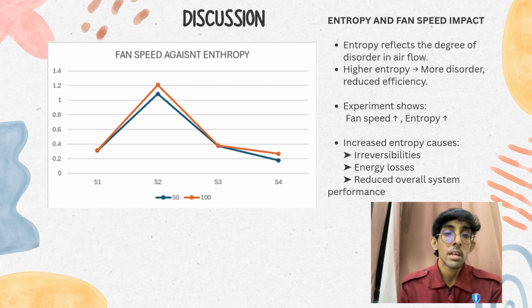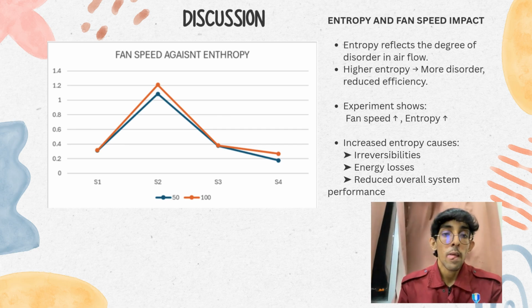So while increasing the fan speed may improve the airflow, it also leads to higher entropy, which negatively affects energy efficiency. This supports our earlier conclusion that optimizing fan speed, not simply increasing it, is essential for achieving the best system performance.